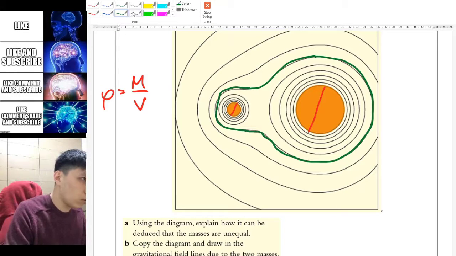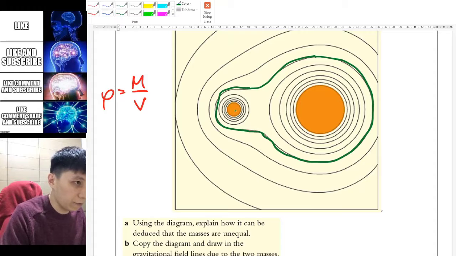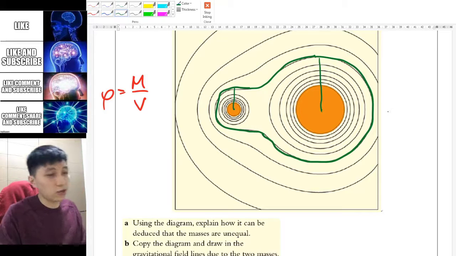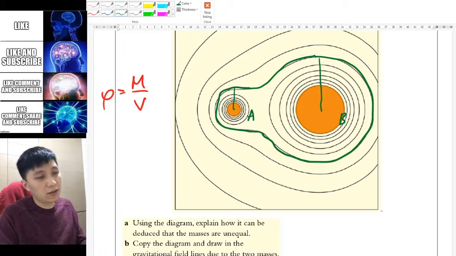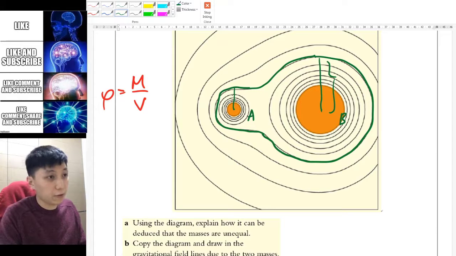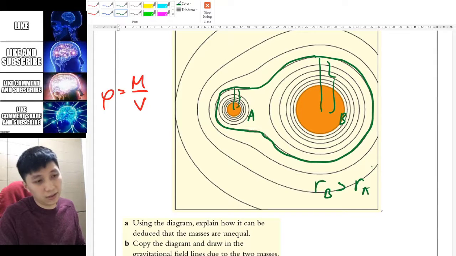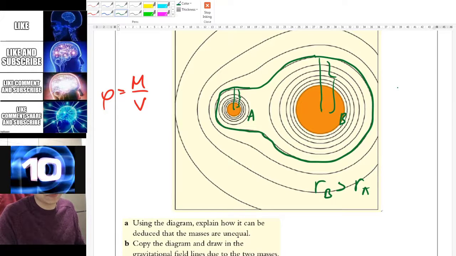If you try to draw a straight line from the center of the planet towards it, then you will find, let's say I call this A and this B, then B will be further away compared to A. So our B will be bigger than our A in this case. So what does that actually imply? Let me give you 10 seconds to think about it.